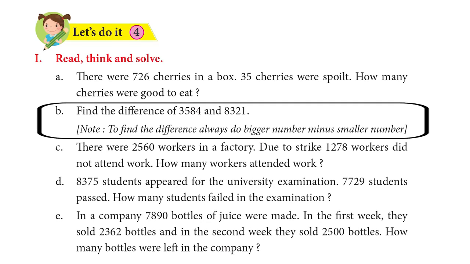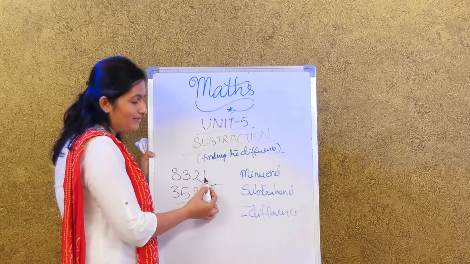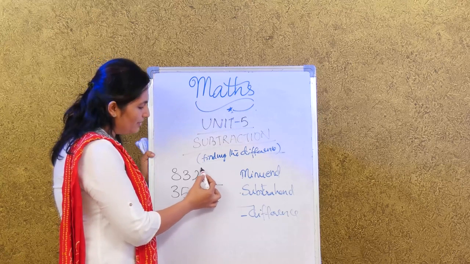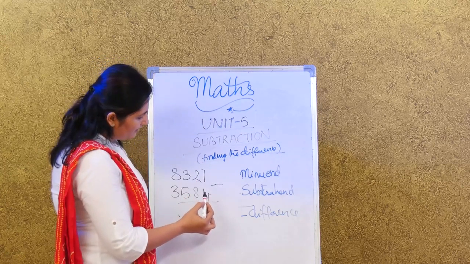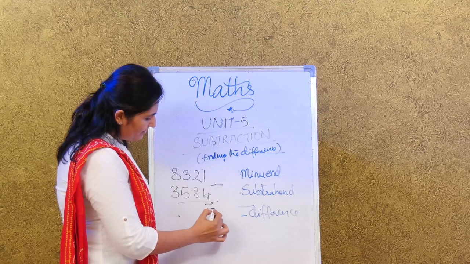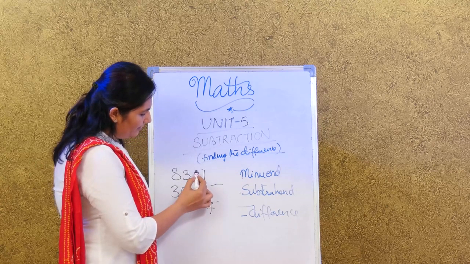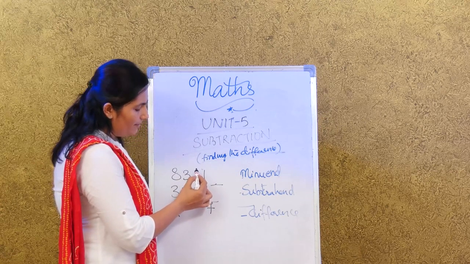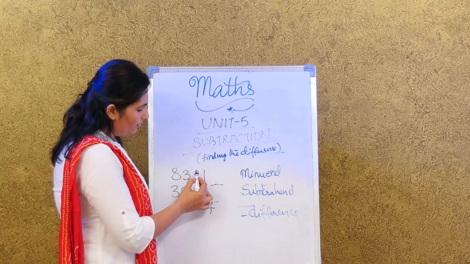Let us look at another one. Find the difference between 3,584 and 8,000. Look at the second sum. Alright, we start with borrowing because one is smaller. So, this becomes 11. 7 is the answer here, and here we have already borrowed. So, this has become 1. So, we will again borrow.